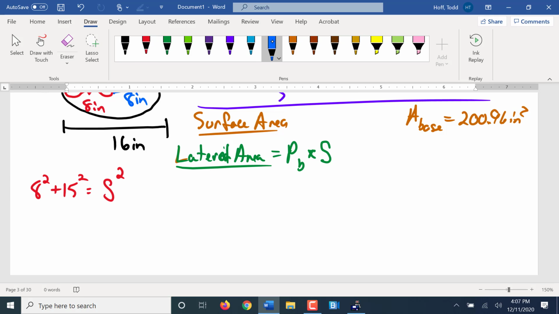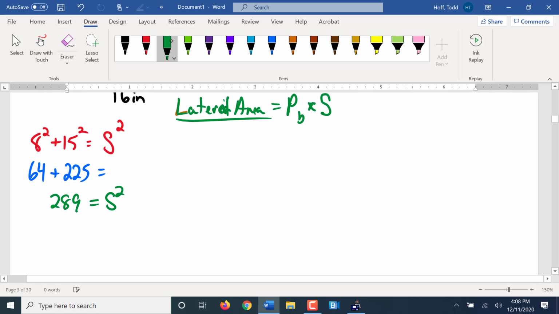What do we get for the slant? Something's a little off there. So 8 squared is 64. 15 squared is 225. You add them to get 289. I believe you squared it again instead of square rooting it. 17 is correct. So the slant is 17.